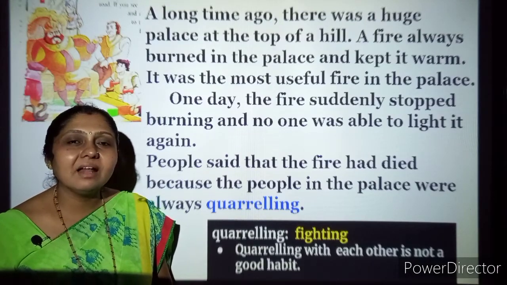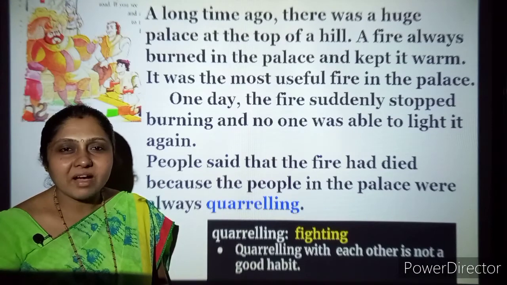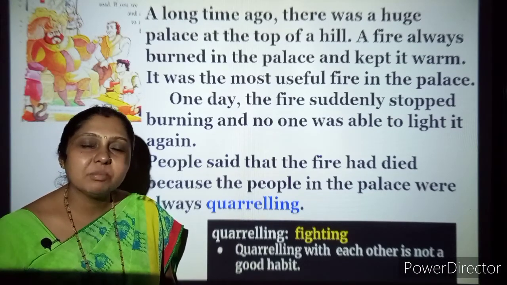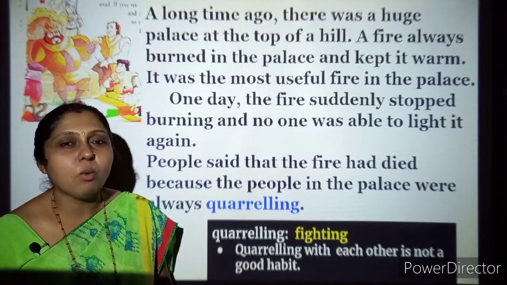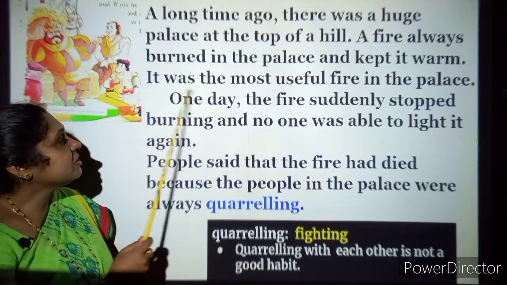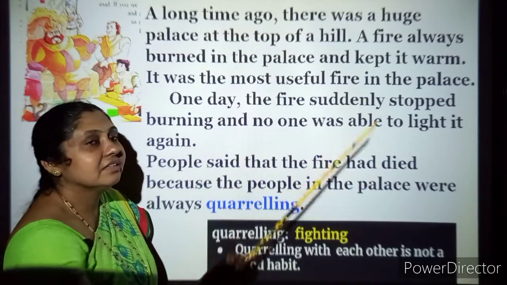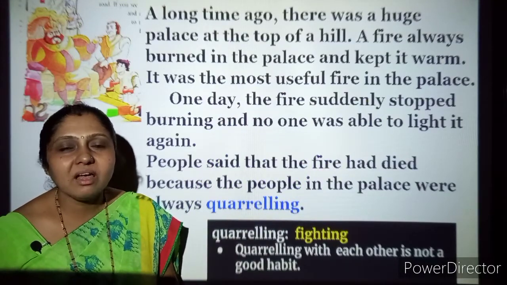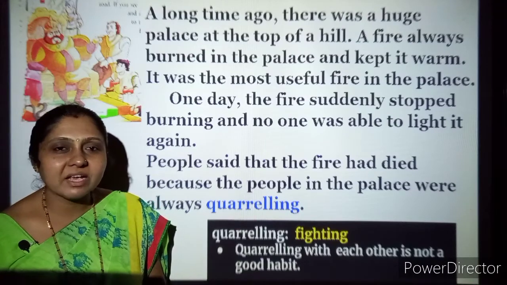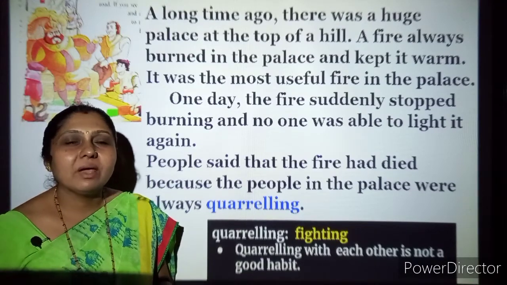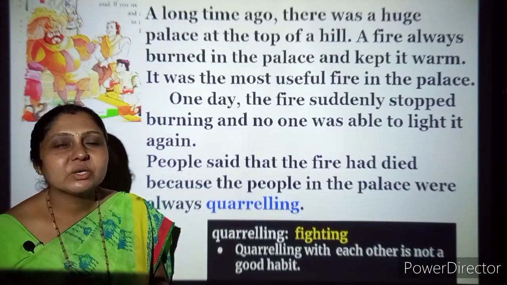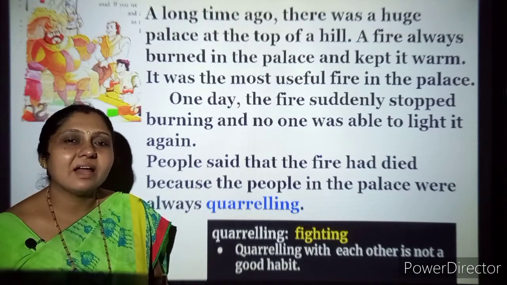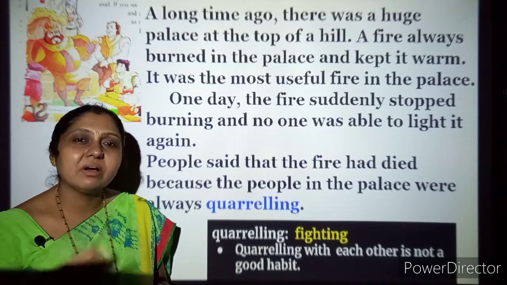So what had they done? They had lit a fire, only for the purpose of keeping the palace warm. It was the most useful fire in the palace. A fireplace is a place arranged with charcoal and some firewood, where the fire is kept burning always.